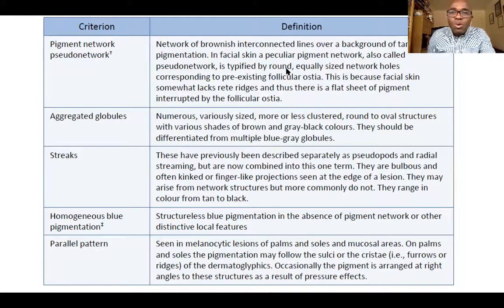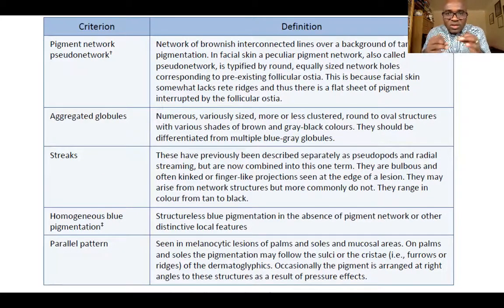You still have more tan surface, but the pigment network will still be the same. The only difference is in the facial skin. You might get what we call a pigmented pseudo network. It is typified by round, equally sized network holes, unlike the fine network that you see in the other parts of the skin on dermoscopy.